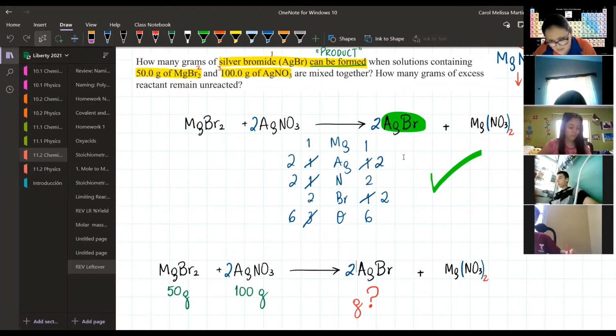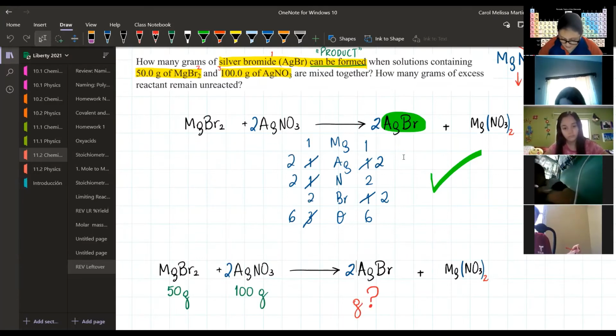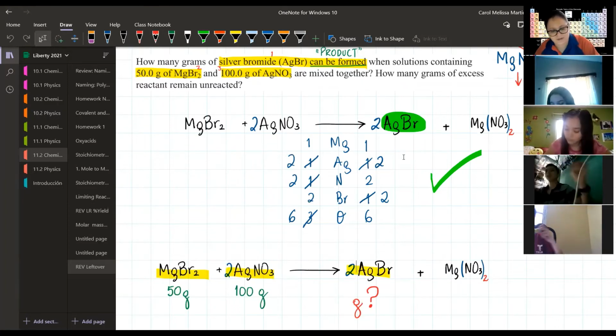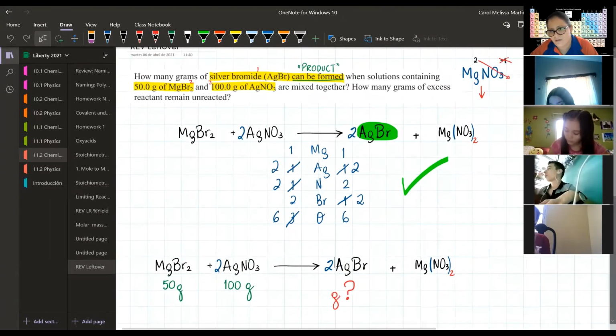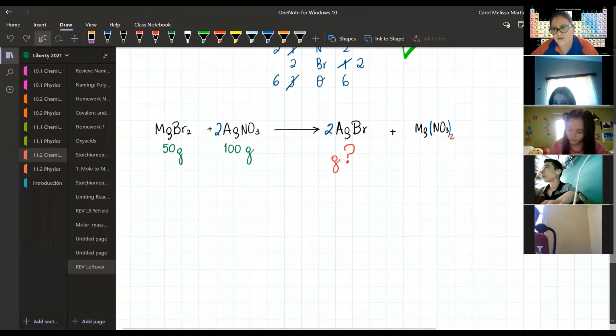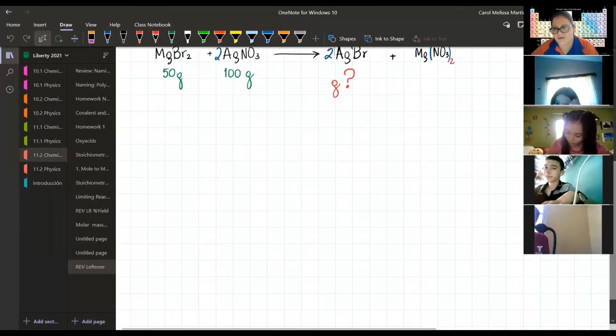And they're asking me the number of grams of the product. So I need to work with these 3 substances, which means I need to be working with the molar masses. So remember what I do, I work with the molar masses part, okay? I'm going to be working with these molar masses here.